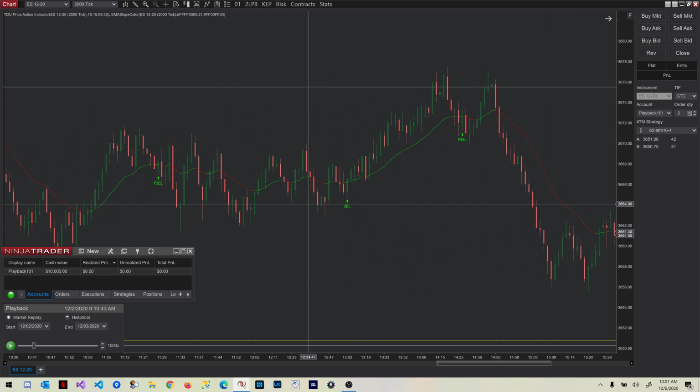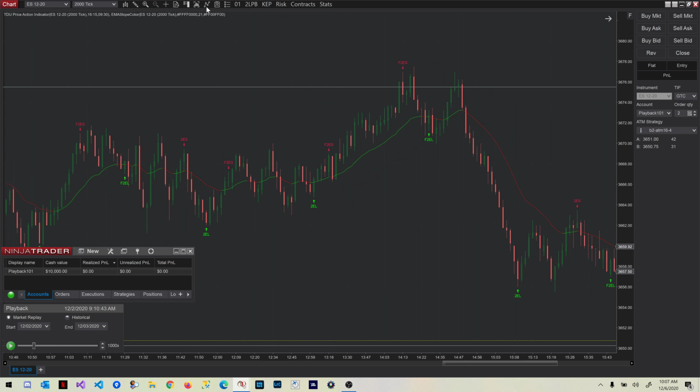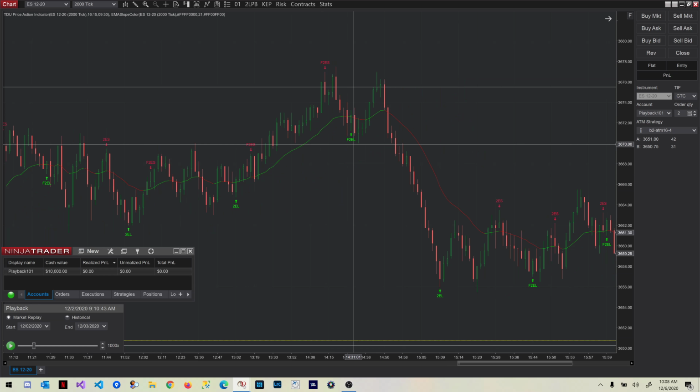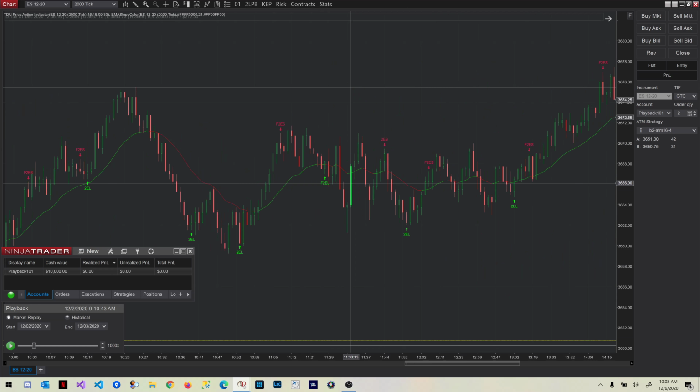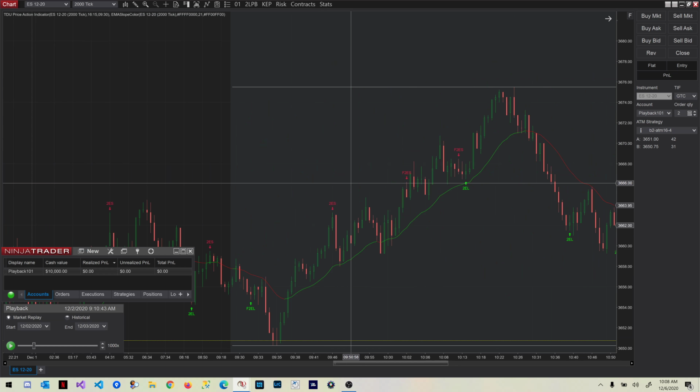So just to recap, if you enable this button, it will only show entries at key entry points. Key entry points are the EMA, and any entry which appears on a trend line or trend channel.